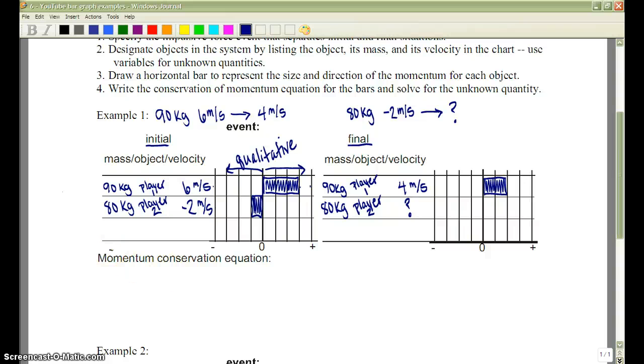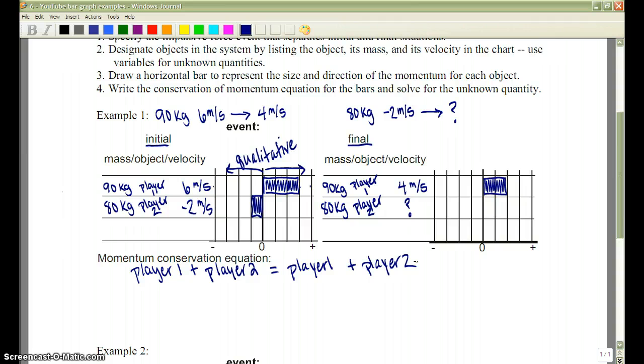So think about this as we're going to add player 1, their momentum, plus player 2, should give me the same thing at the end. Player 1's momentum plus player 2's momentum.